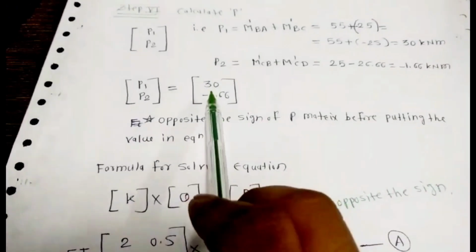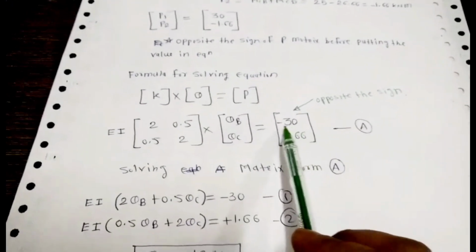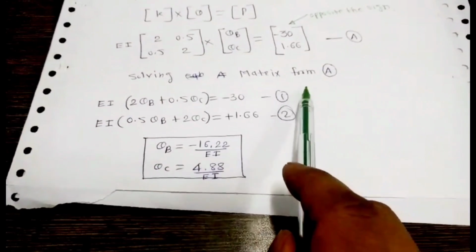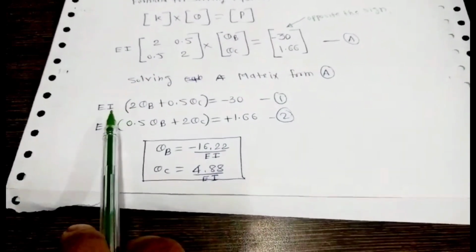Initially the values were 30 and minus 1.66, but here I have changed the signs, that is minus 30 and 1.66, which is positive.